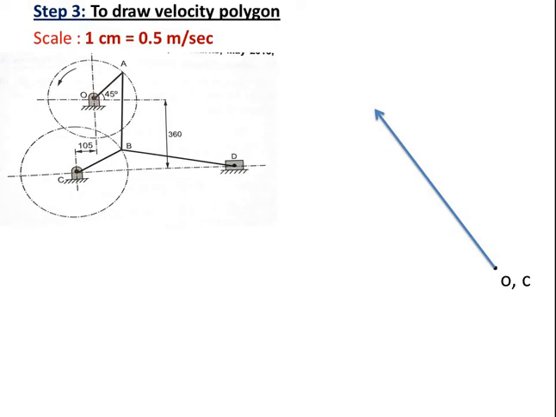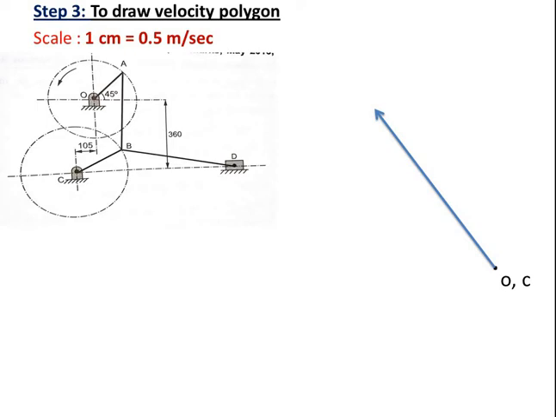So from O in an upward direction; don't draw it over here. This is the velocity vector perpendicular to OA. Now the length of this velocity vector is equal to the linear velocity we found previously, converted into the scale, and with that dimension we have to draw the length of the velocity vector.